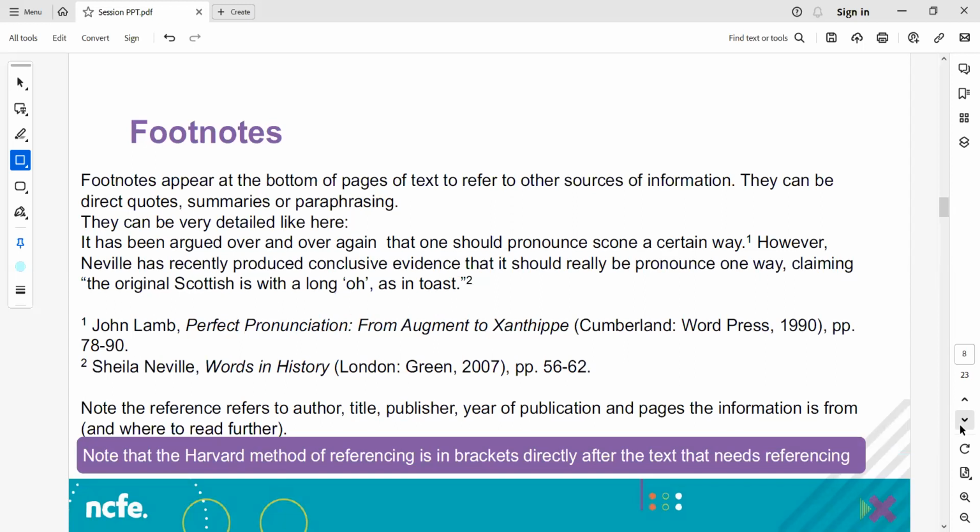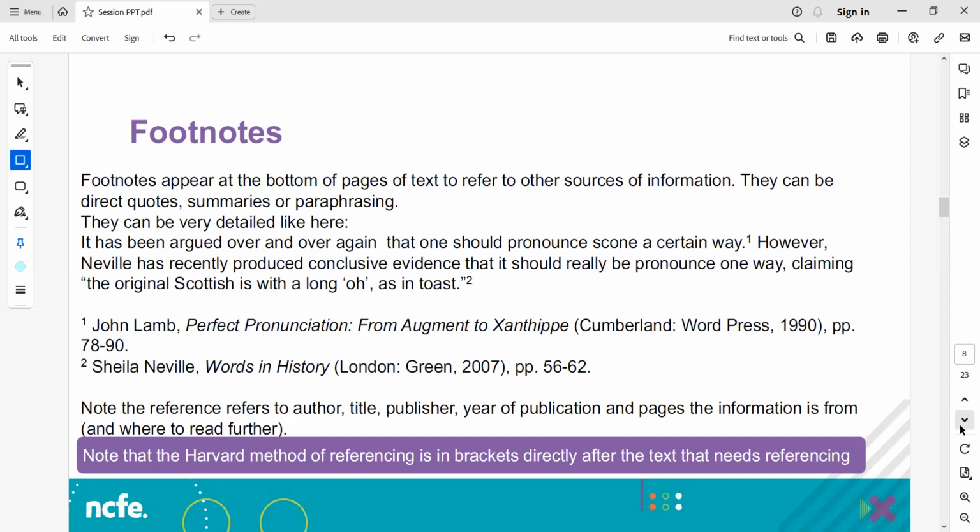So footnotes, and these most commonly we'll see in academic type texts rather than fiction. Sometimes we do have footnotes in fiction, but it's more common in a non-fiction, more academic type text.